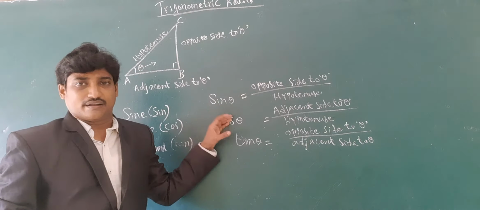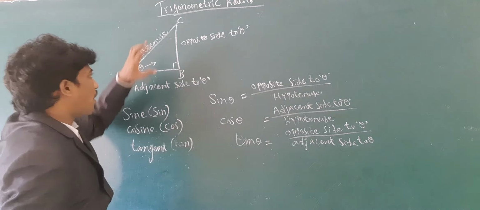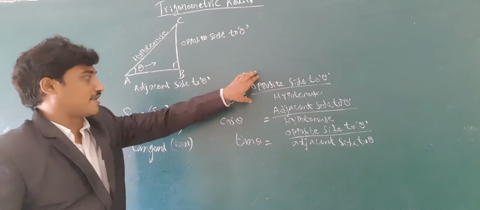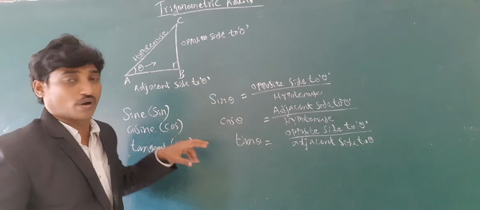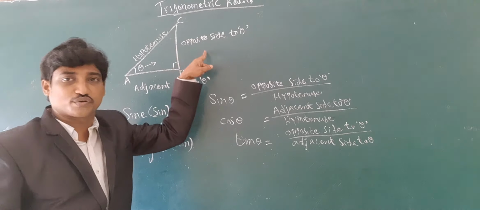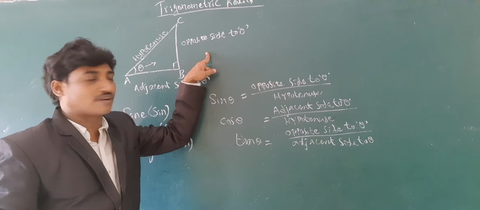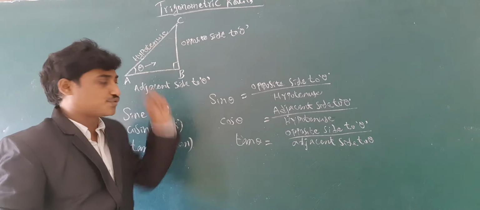On the other hand, not only these three ratios: opposite side to theta by hypotenuse is named as sin theta, and its reciprocal, hypotenuse by opposite side to theta, that ratio is also constant.